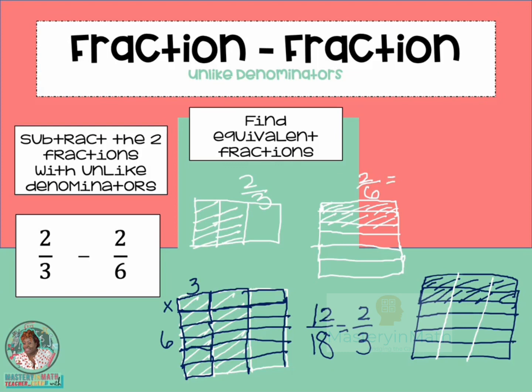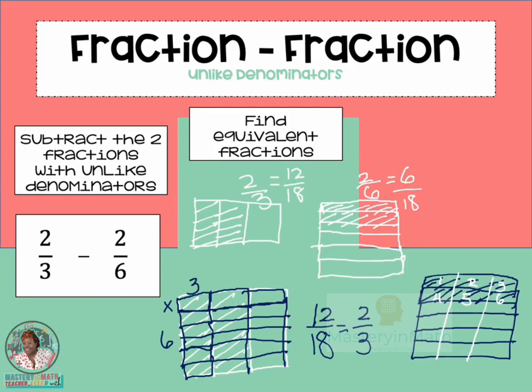So we know that 2/6 is the same thing as, let's see, how many shaded parts do we have? We have 1, 2, 3, 4, 5, 6. So that would be 6/18. 2/3 is the same thing as 12/18. And 2/6 is the same thing as 6/18.